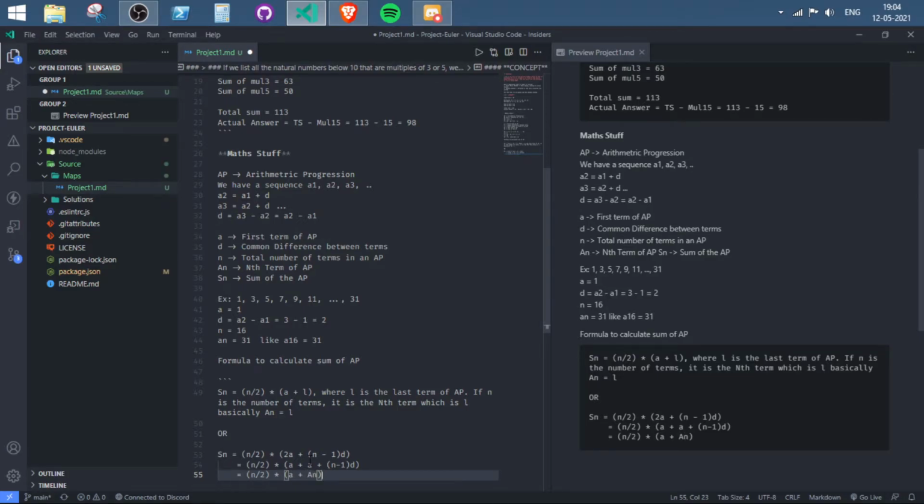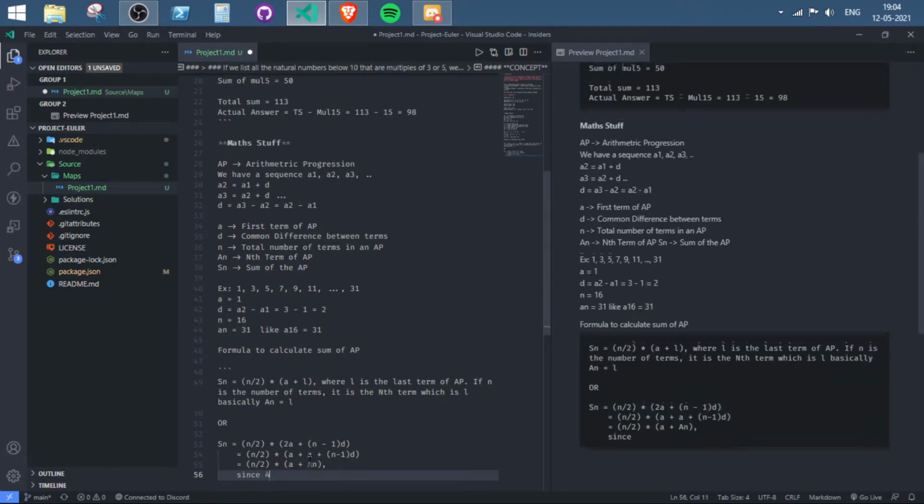Now, since an equals a plus n minus 1 d, basically you can visualize it. First is a1, where d is not added; then d is added again.